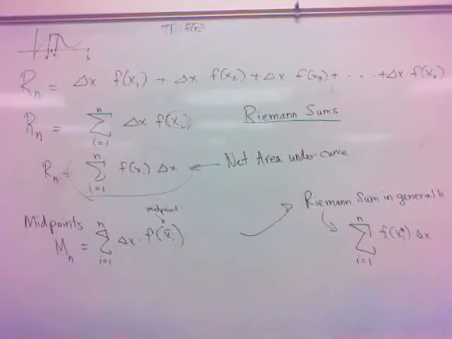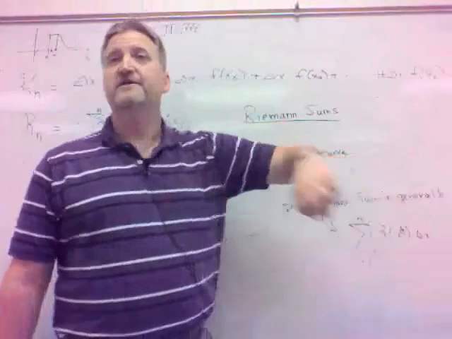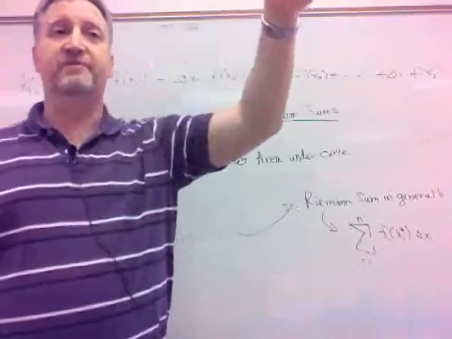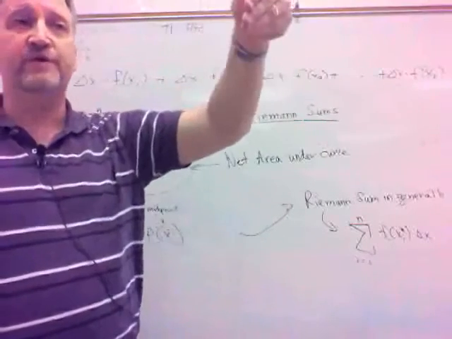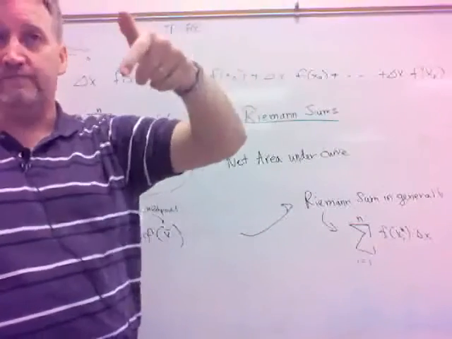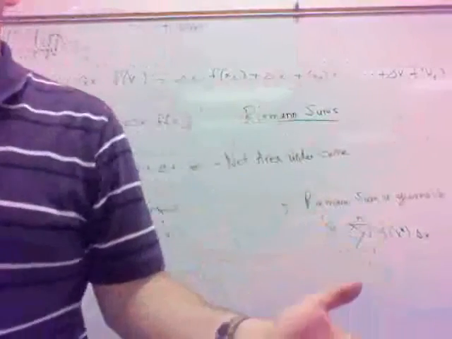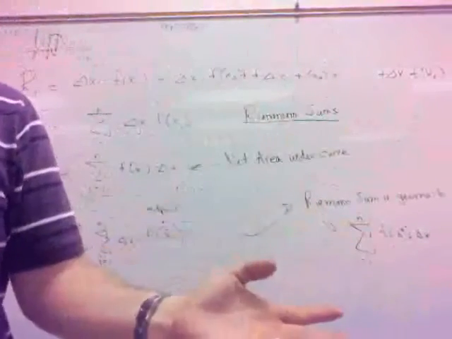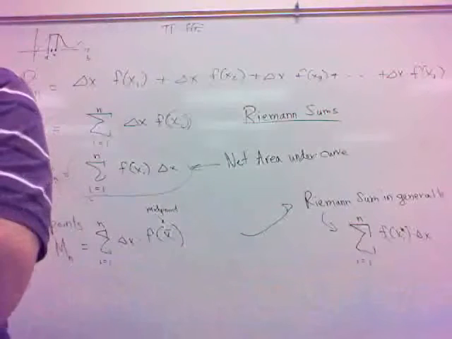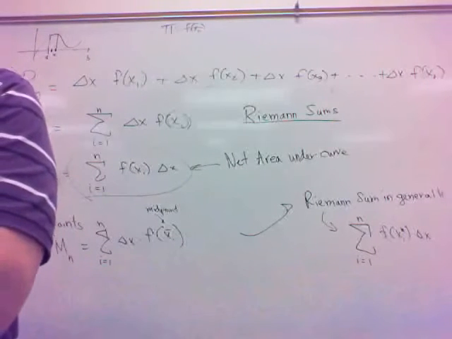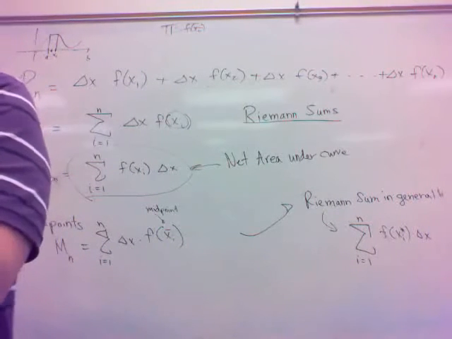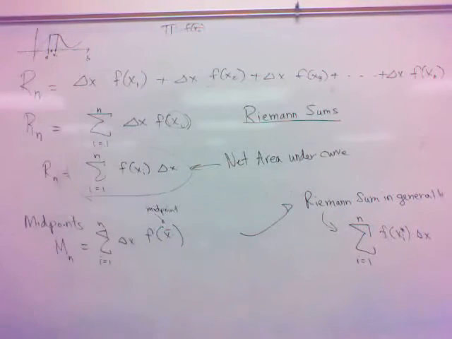X sub i star. And I saw where in the homework they use this terminology. X sub i star is just whatever sample point you want it to be, whether you want it to be left endpoints or right endpoints or midpoints. The star just indicates use whatever you want to use. We could use 3/4 points. That'd be fun, right? Do the 3/4 point in each interval. You could do it, may not be that fun.